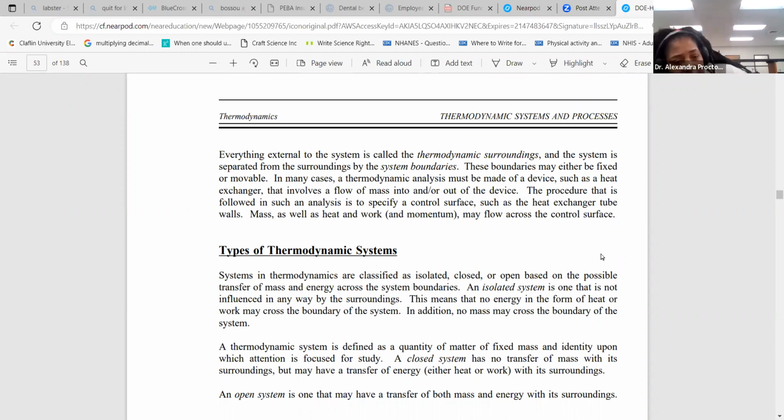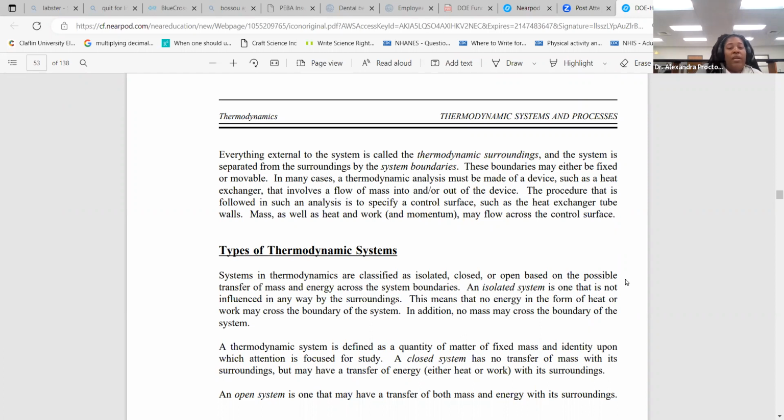Thermodynamic systems are classified as isolated, closed, or open based on the possible transfer of mass and energy across the boundaries. An isolated system is one that is not influenced in any way by its surroundings.